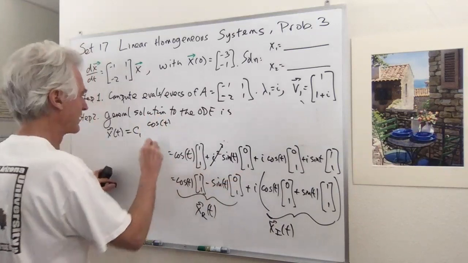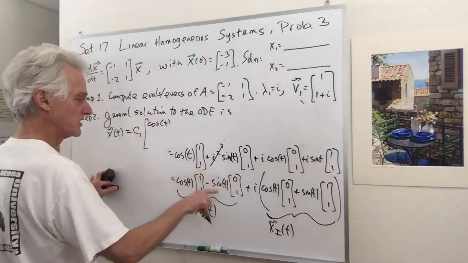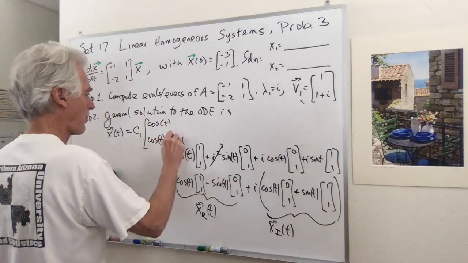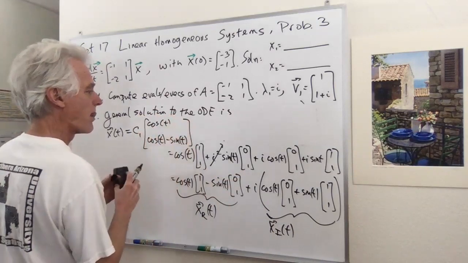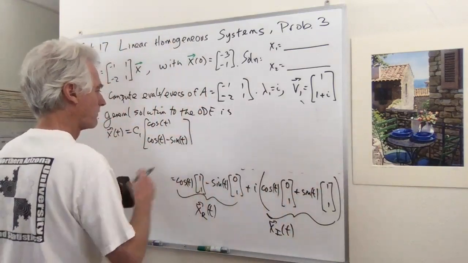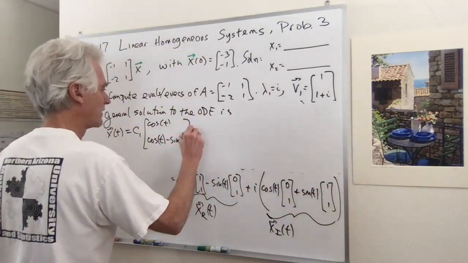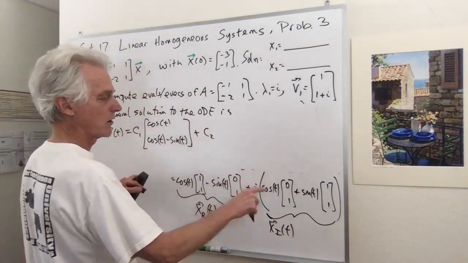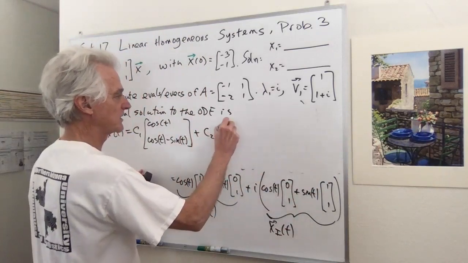And then we've got second component cos t minus sine t. And then plus c2 times this part. On top, we've got sine of t.